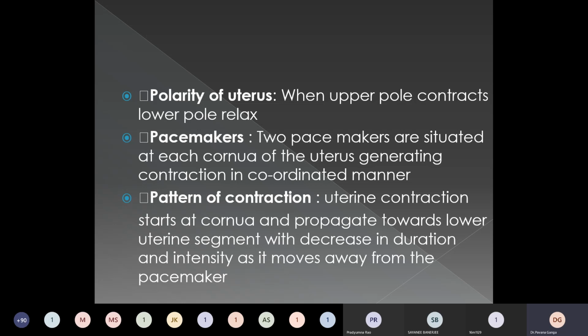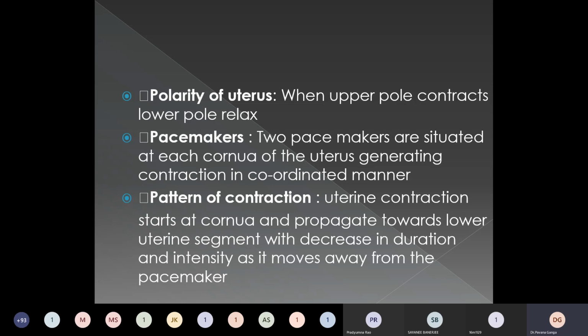The fundal region will have the maximum intensity of contractions, and then gradually towards the lower uterine segment and towards the cervix, the intensity or pressure of the contraction reduces.